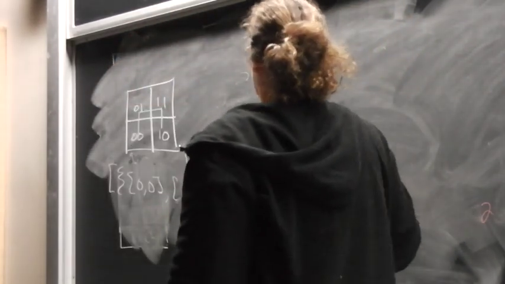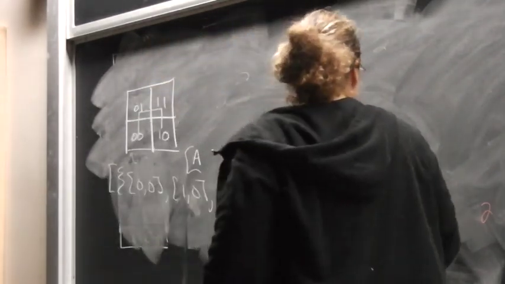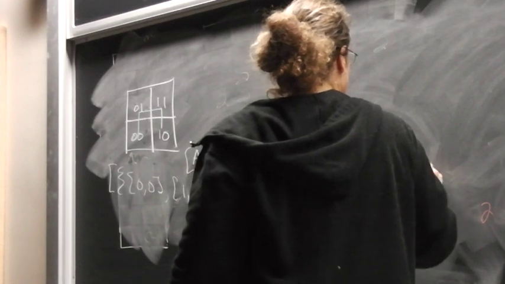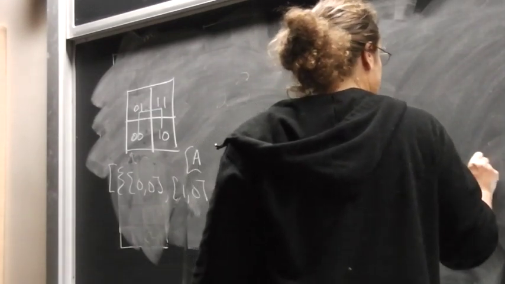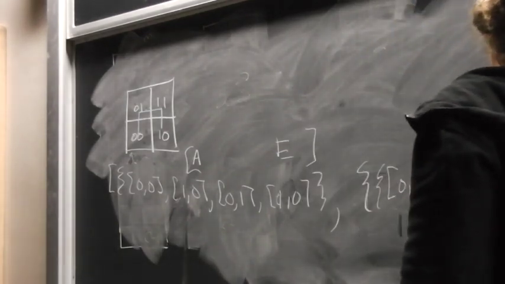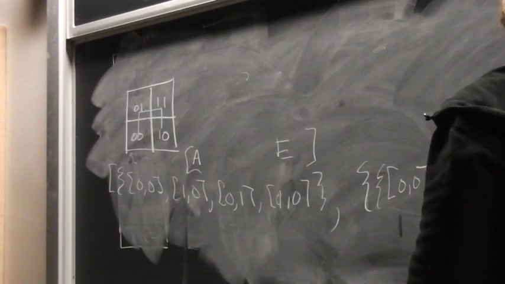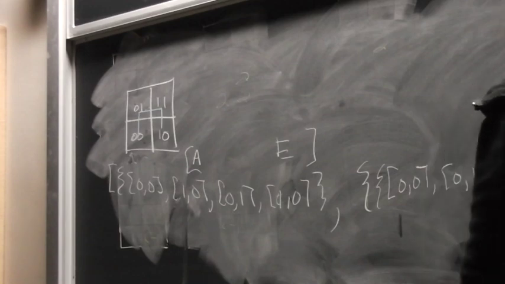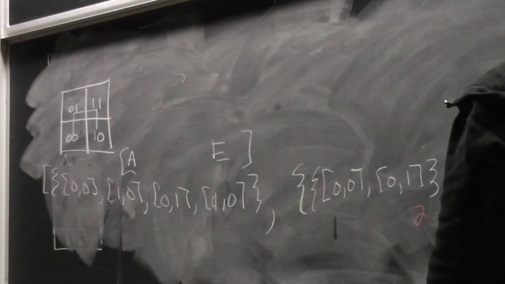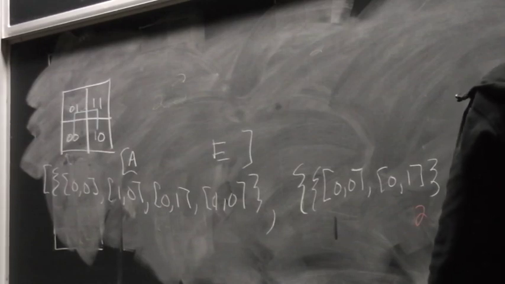And so therefore the machine would say, okay, I have the edge from 0, 0 to 0, 1. I have the edge from 0, 1 to 1, 1. And I have the edge from 1, 1 to 0, 0.